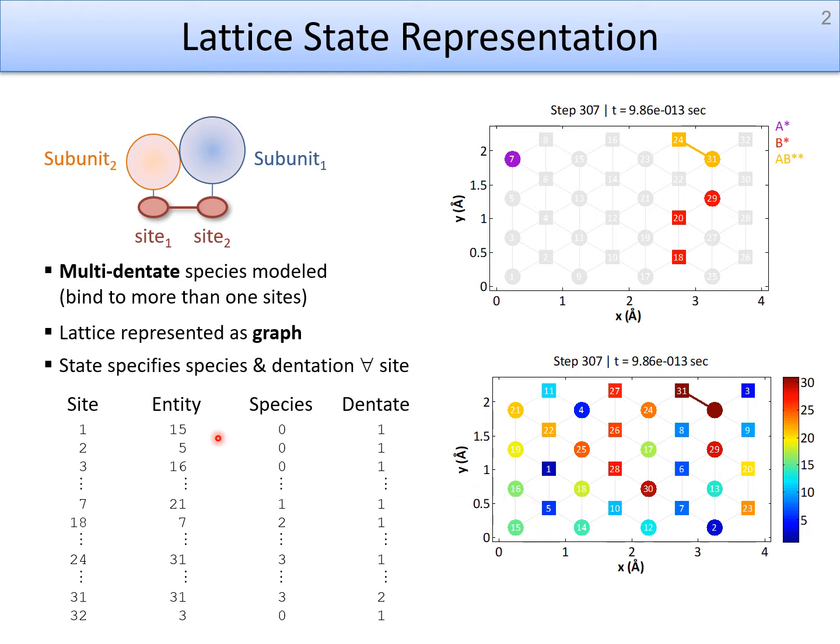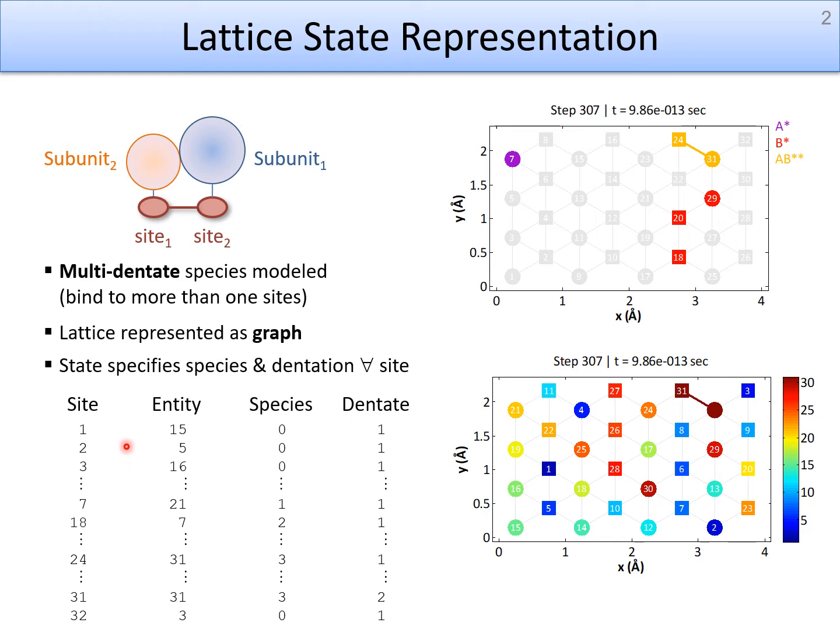Now, you will notice that in this case, where we have this bidentate adsorbate, AB, star star means that it occupies 2 sites. So in this case, we have 2 sites that are covered by the same entity. The site numberings are shown here. So this is site 24, the rectangular site here, and this is site 31.